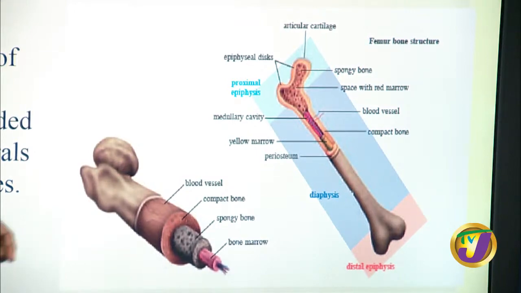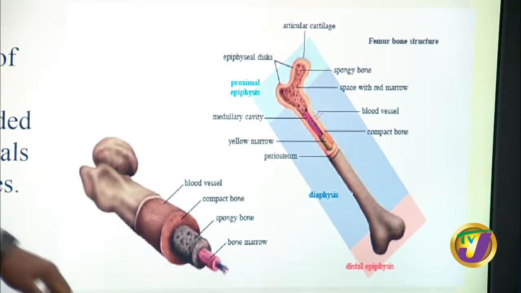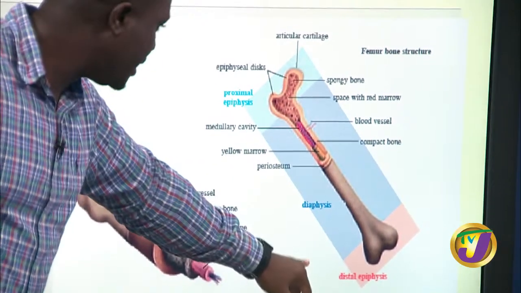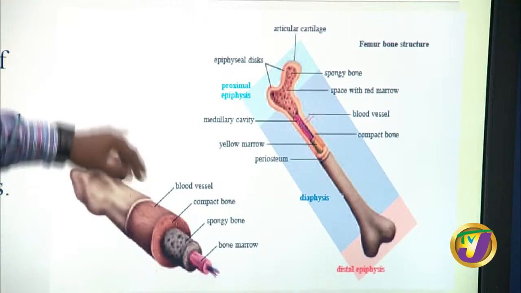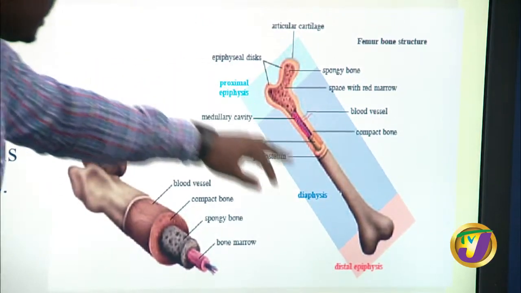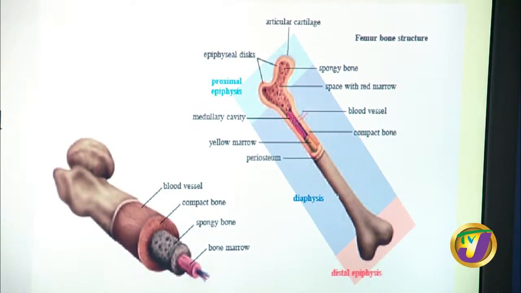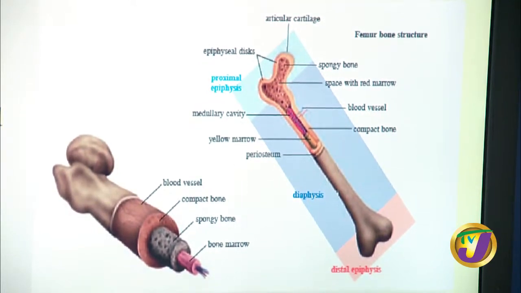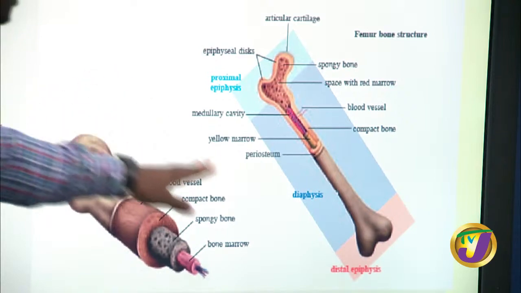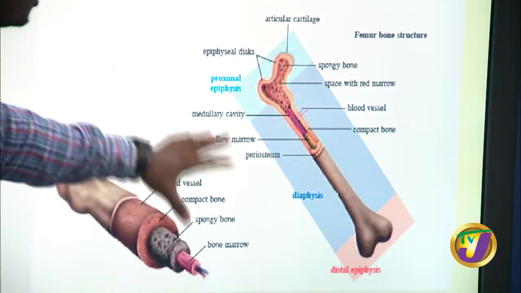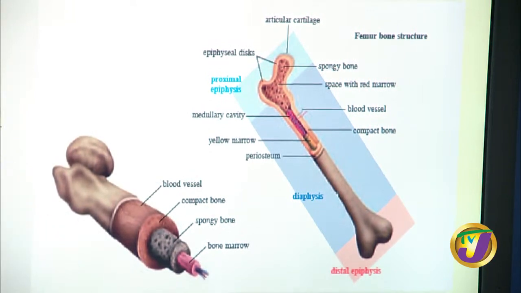So the bone is made up of the epiphysis, which is the top part and lower part. These are the growing parts of the bone. At both ends of the bone, you have the epiphysis. And in the middle, you have the diaphysis, which consists of your compact bone, the hard part of the bone.